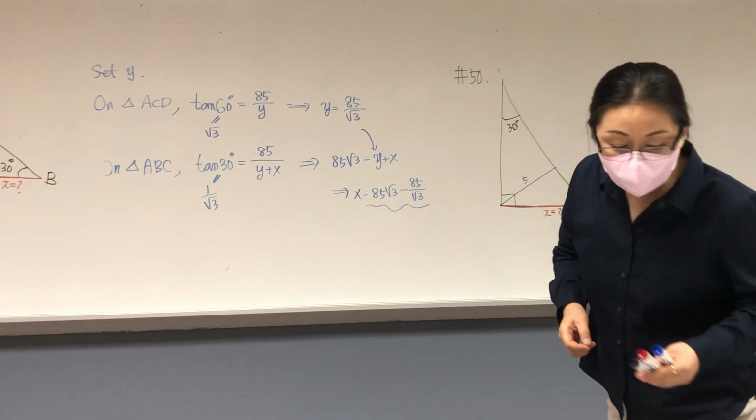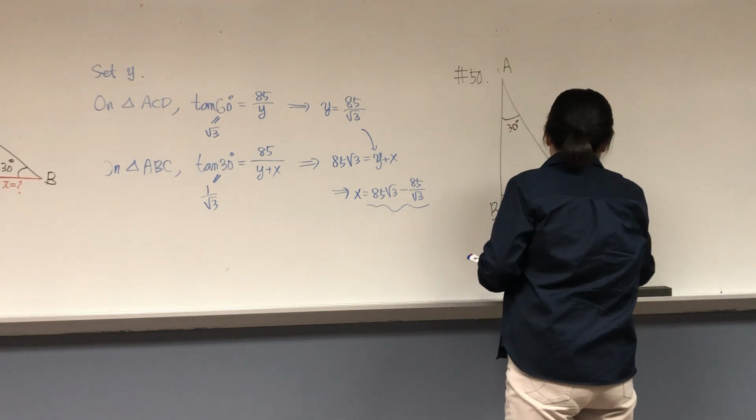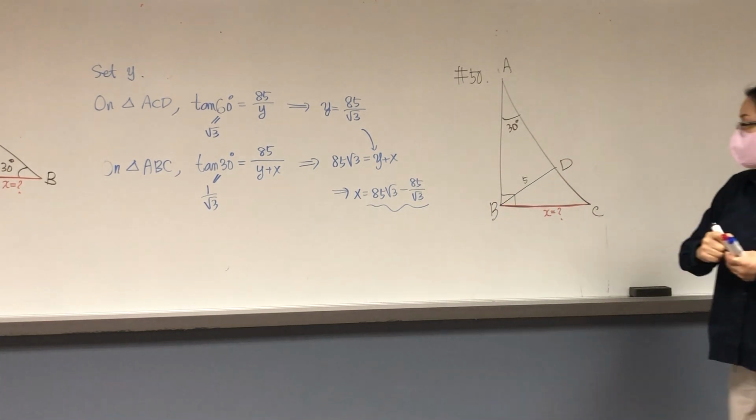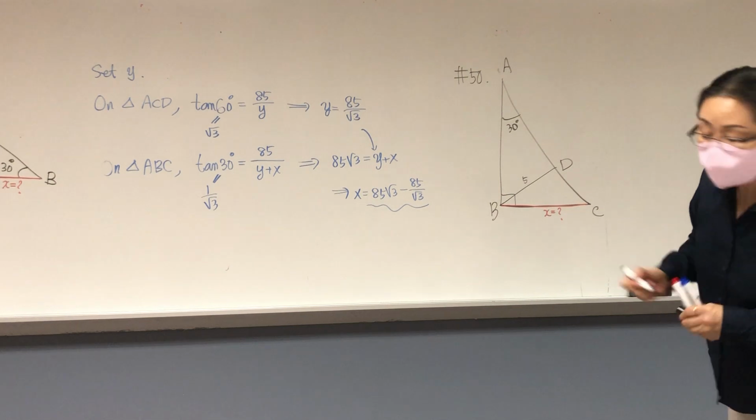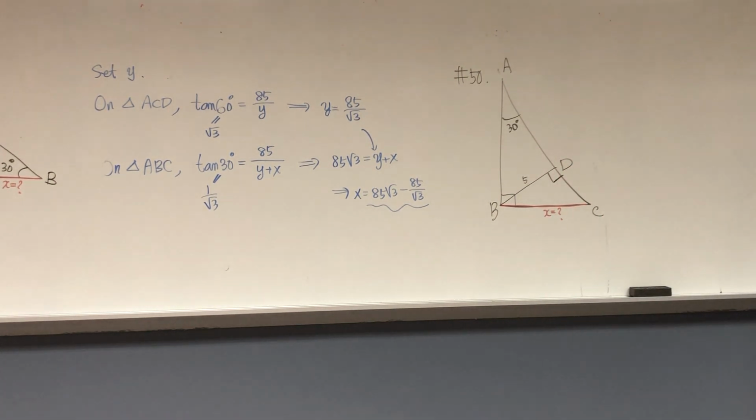Any other information? Yes. And then we know this is, let's say, A, B, C, D. How do you want to solve x? From where? What is your first step? We can find one of the angles. Good.